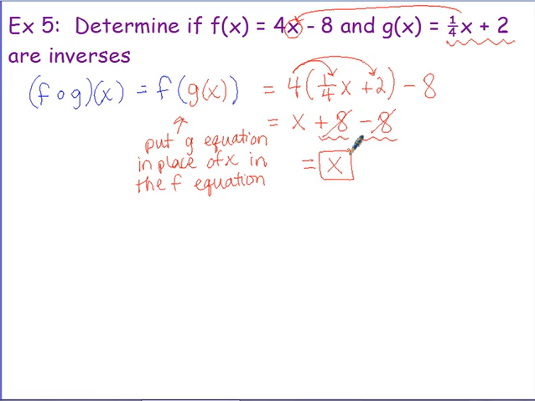Now that's only half the problem. We got to do the other side. We have to flip-flop these two. So we need to look at g of f of x. Again, that's not helpful to us. So the blue part is g, and the red part is your f.